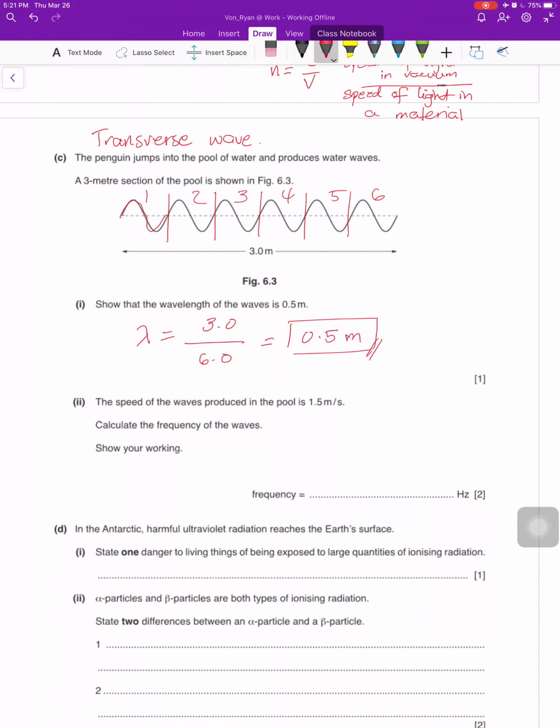Now, the speed of the wave produced in the pool is 1.5 meters per second. Calculate the frequency of the wave. Now remember the formula that governs the relationship between the wave speed, the frequency, and the wavelength is v equals lambda f, where this is the wavelength, and this is the frequency.